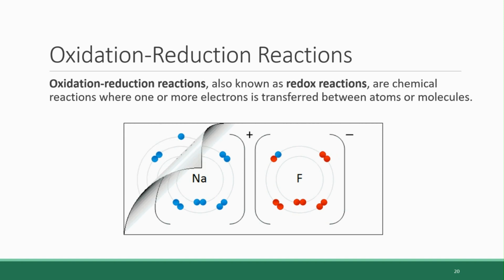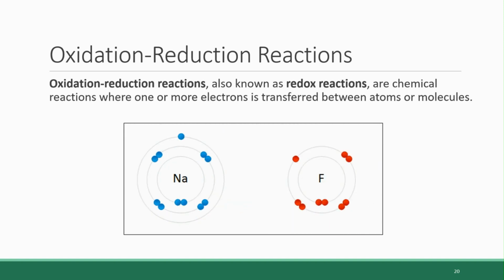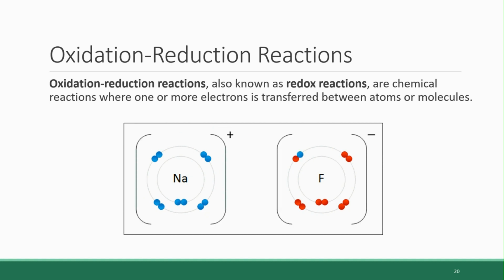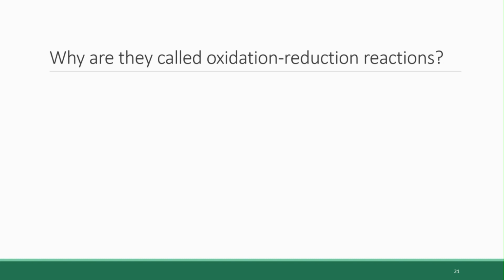The most common, simplest redox reaction is the formation of an ionic bond between two atoms, which we have already seen. Let's take a moment and discuss why they are called oxidation reduction reactions, because understanding what this name actually means can make it easier to remember what these reactions are.